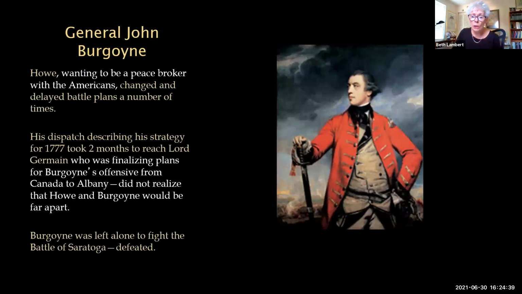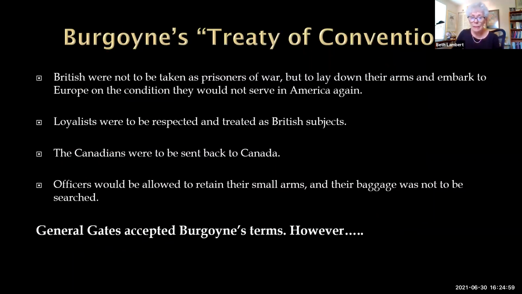Burgoyne lost Saratoga because of Germain, who was finalizing plans for Burgoyne's offensive to come from Canada to Albany, and he didn't realize that Howe and Burgoyne would be far apart. Battle of Saratoga, Burgoyne's defeated.